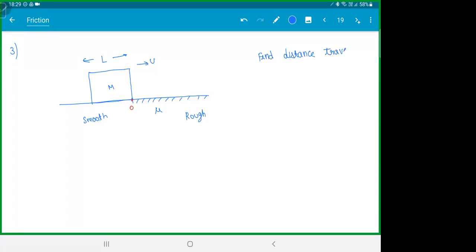So after O, it is rough. Before O, it is smooth. Initially the block is entirely on a smooth surface, and after point O, it becomes rough.